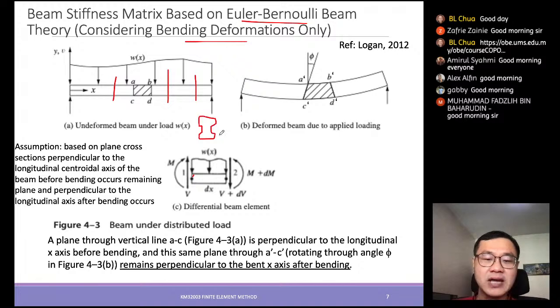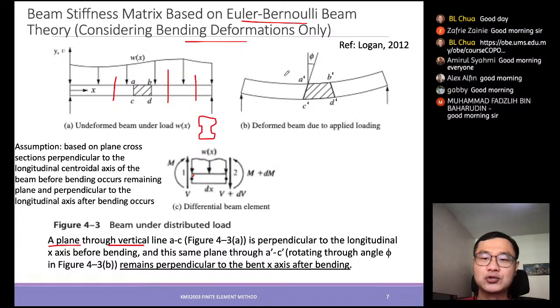This cross-sectional area, when we cut through it, or we say a plane through the vertical line, should remain the same before and after the bending.